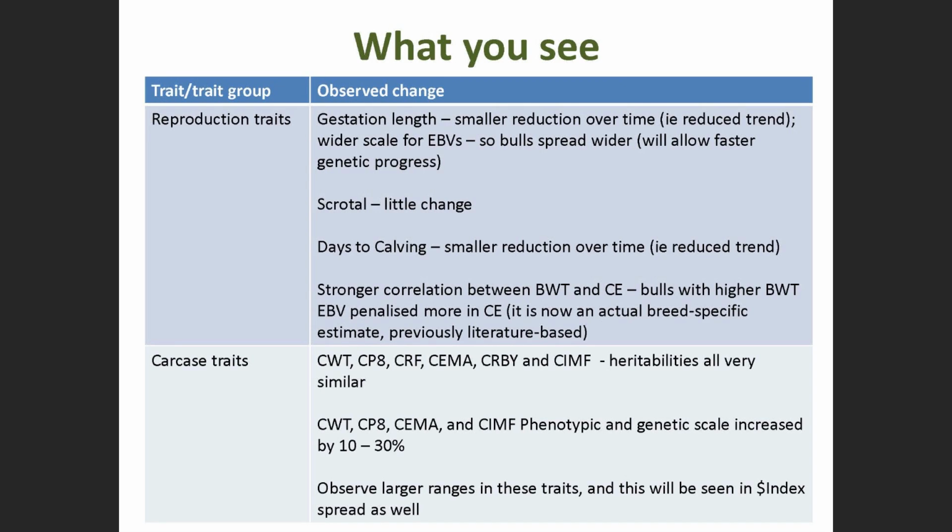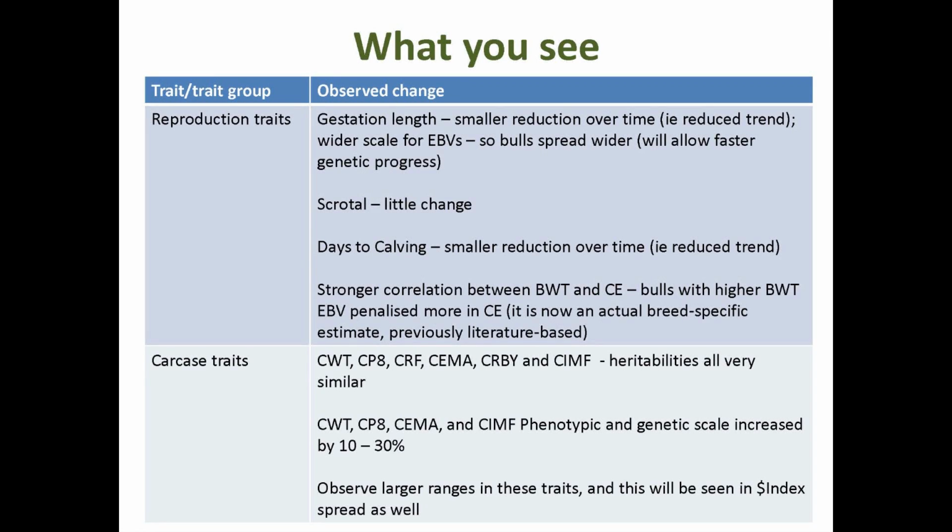It was previously using what are called literature estimates, which are taken from all over the world, and the truth of it was that the correlation that was understood between particularly birth weight and calving ease, but also gestation length, was not as strong as is actually the case.